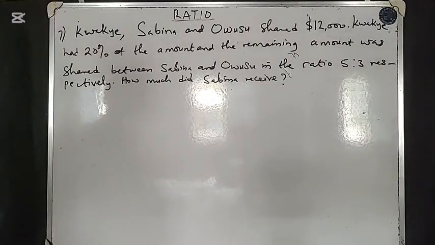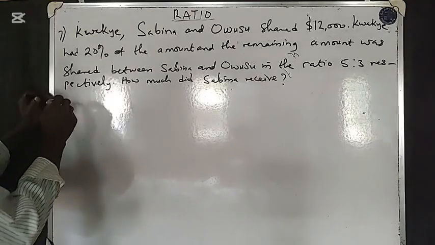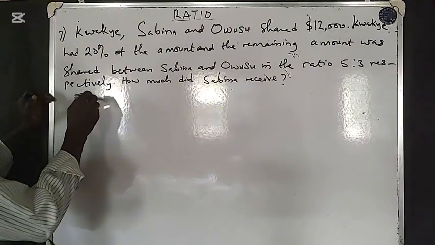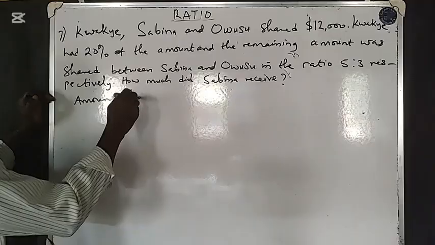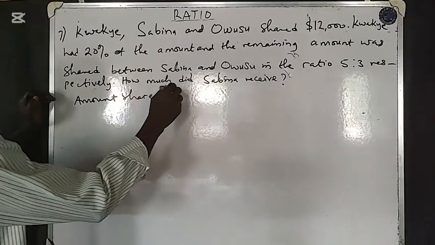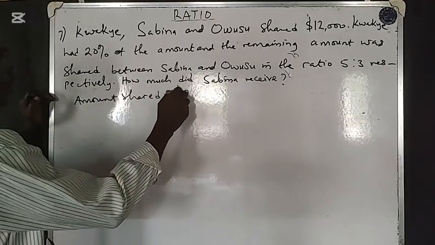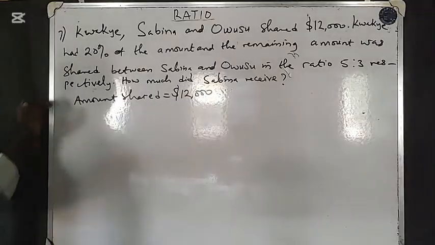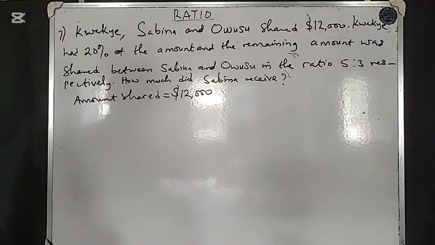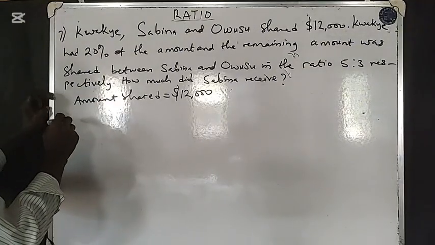Kwakye, Sabina, and Owusu shared $12,000. Kwakye had 20% of the amount, and the remaining amount was shared between Sabina and Owusu in the ratio 5 to 3, respectively. How much did Sabina receive? Total amount shared was $12,000, right?